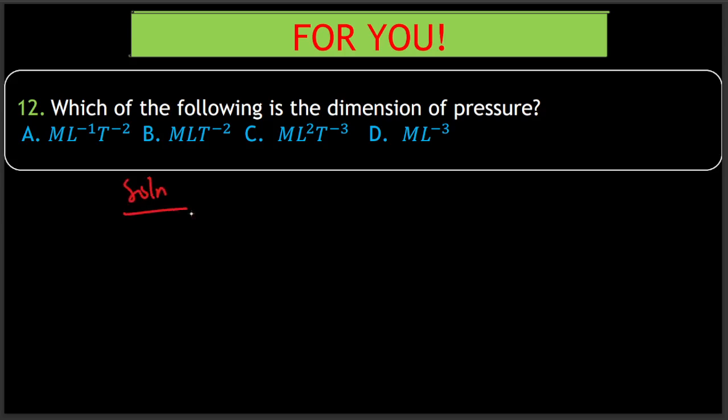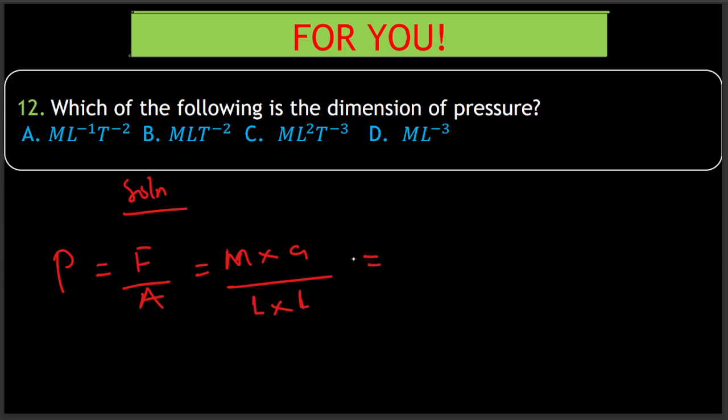Solution: pressure is force over area, and that means force is mass times acceleration, and area is, you can say, length times length if you want, or length times breadth.